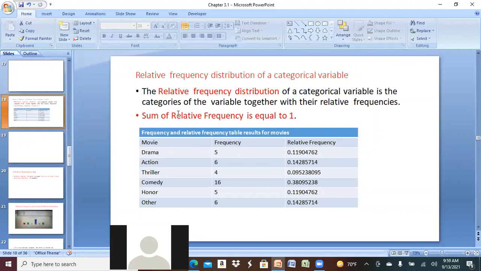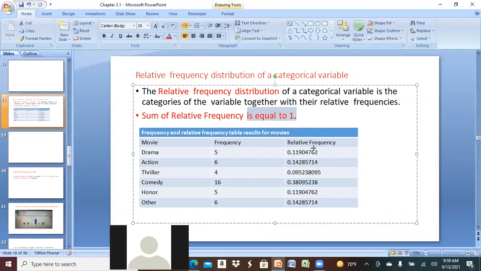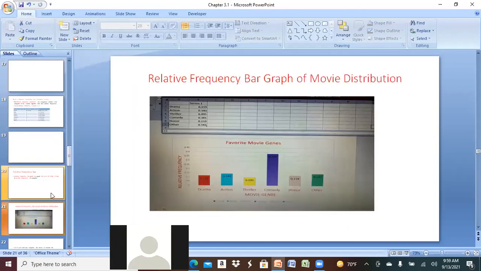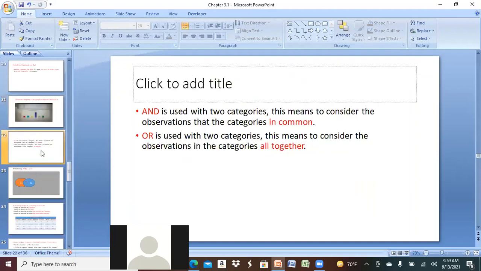Remember, the sum of relative frequency always equals 1. When you add everything, you will get 1. That is how to control the frequency bar. You have to know it.